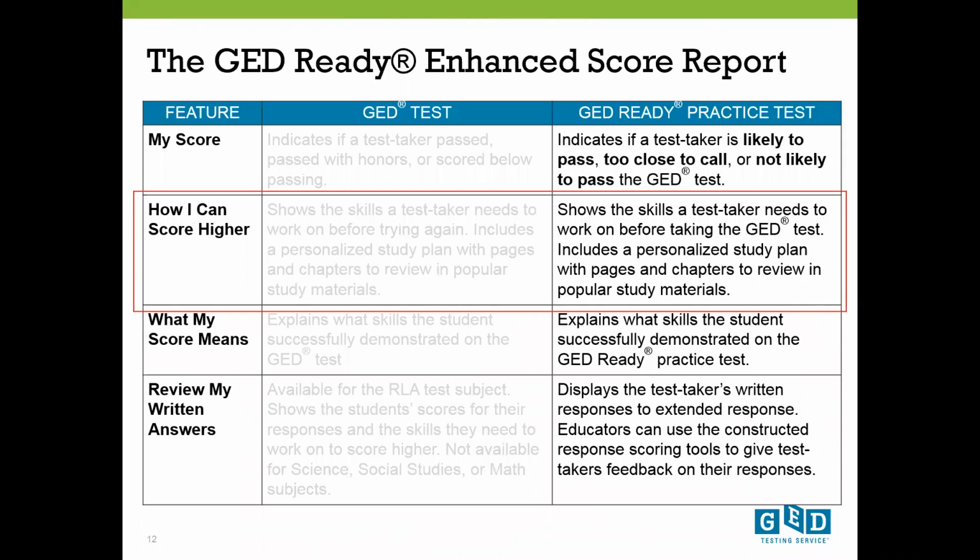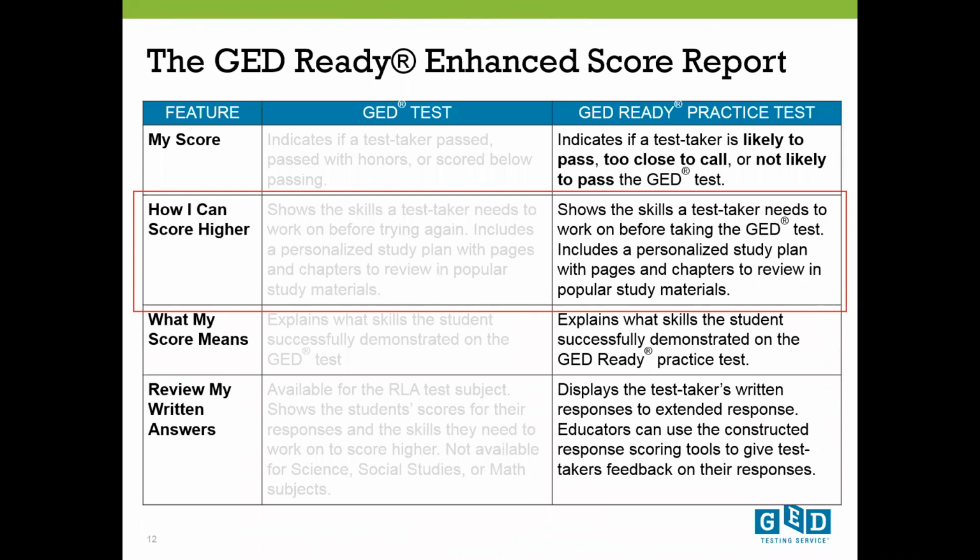The second piece is how I can score higher. This is the place where the feedback occurs on the skills that the test taker still needs to work on, and includes a personalized study plan, which I talked about, that has the pages and chapters to review once you select the publisher of the materials that you're using.